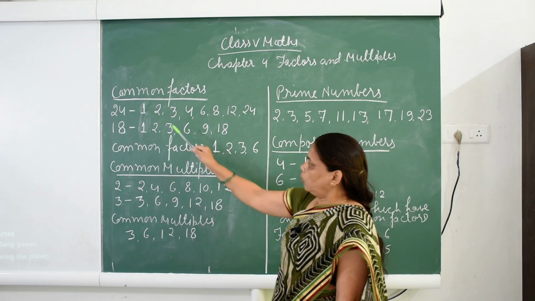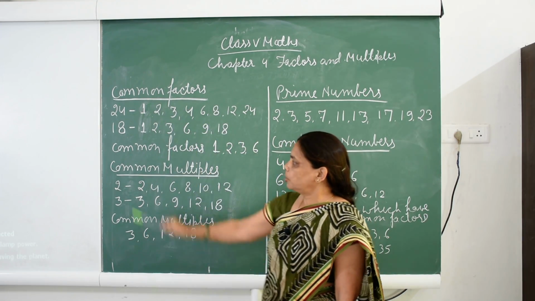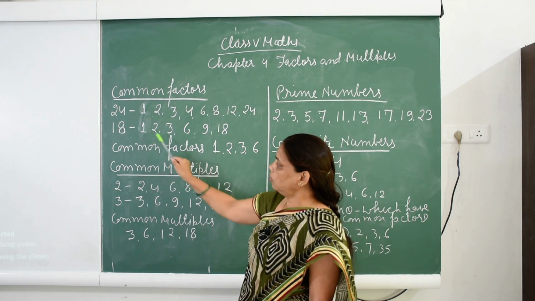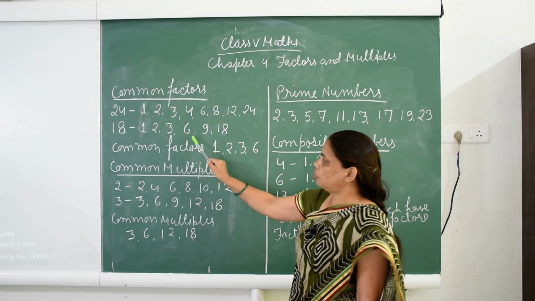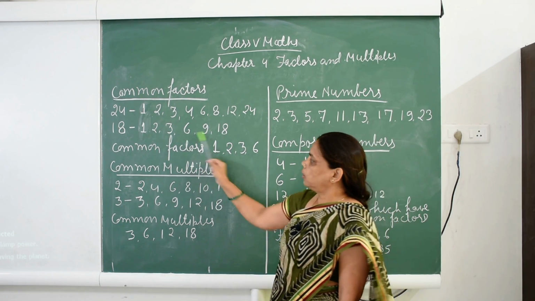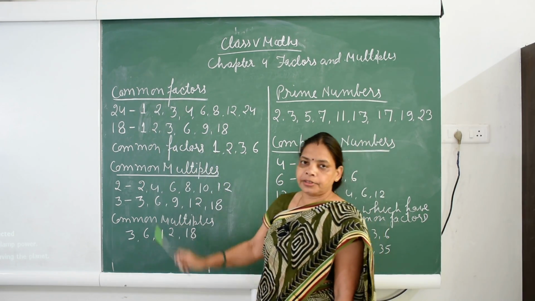It means 24 is divisible by all these numbers, and the same for 18. The factors of 18 are 1, 2, 3, 6, 9 and 18. These numbers divide 18 exactly.